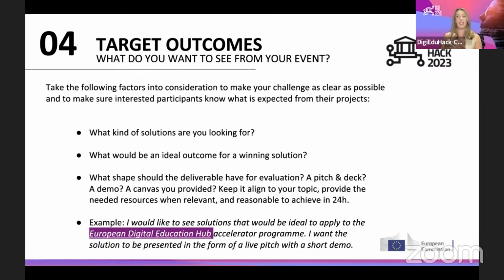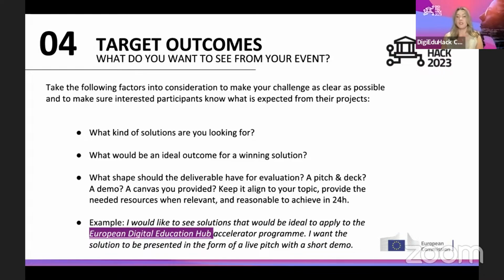Important, since you can do any format you want, and you can have any deliverables you want. What shape should the deliverable have in this hackathon in order to be evaluated? Is it a pitch? Is it just a slide deck? Is it just a prototype? How do you want to do it? And keep that aligned to your topic and communicate this as well.